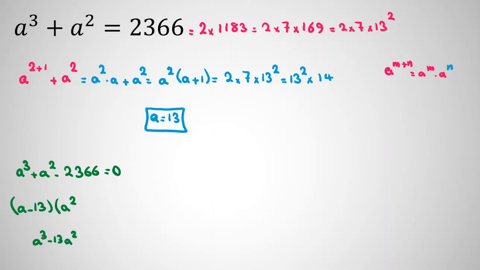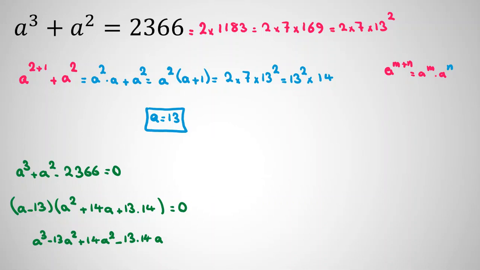But I have a squared here, so I place plus 14a squared minus 13 times 14a. Now I want to get rid of the a term, so I place plus 13 times 14 equals 0. The constant term will be 13 times 14, which is exactly the 2366 divided by 13.